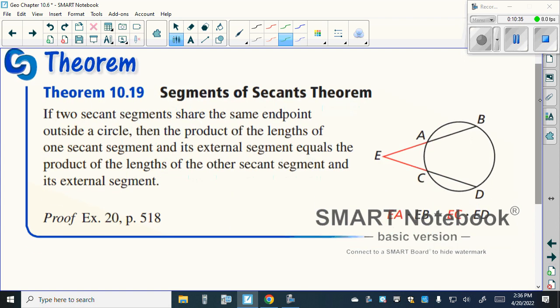Now our first theorem out of the two here is going to be dealing with two secant segments. If we take the part that's outside the circle and multiply it by the whole length, it's going to be equal to the other secant segment's part that's outside of the circle times the entire length.